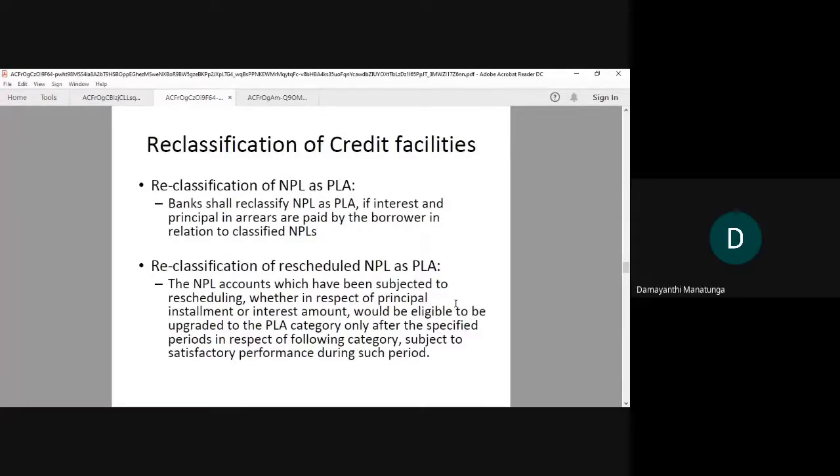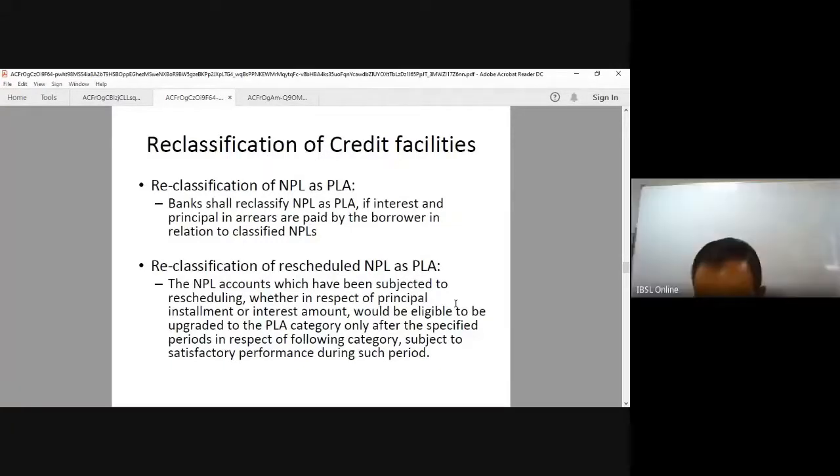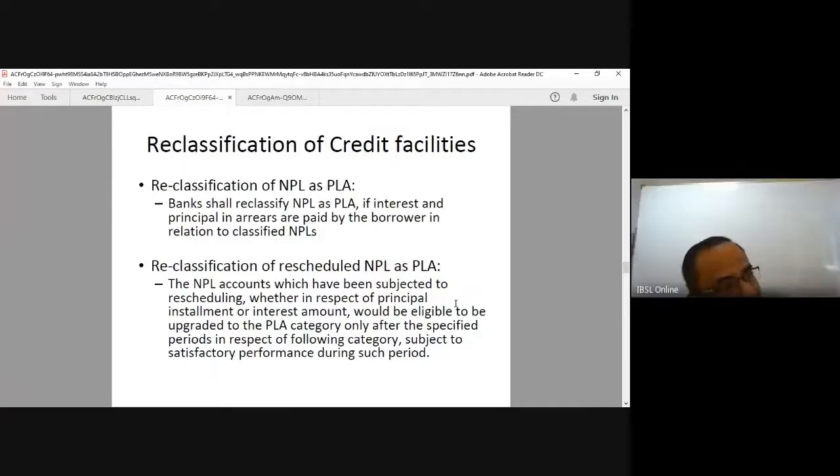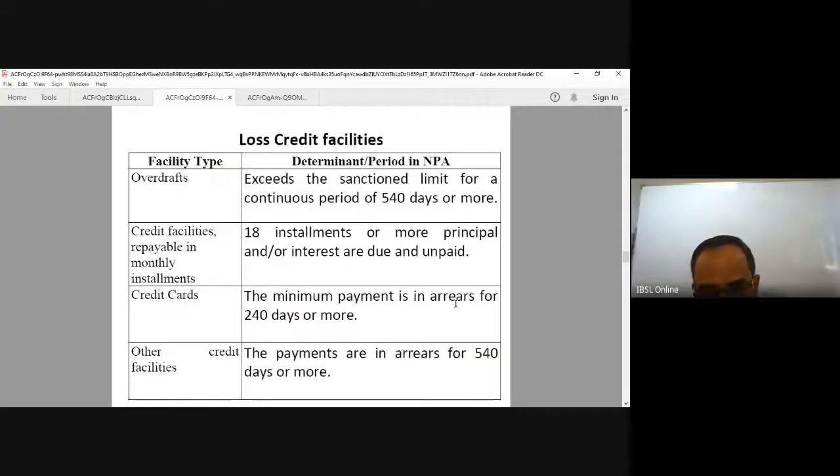But some banks, after rescheduling the loans, after 60 days only they make it NPL, not 30. See, this is a central bank guideline. Many banks have prudential practices.